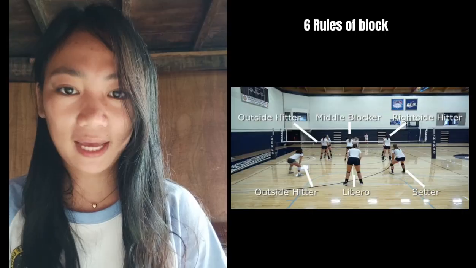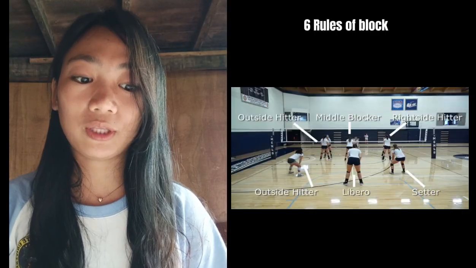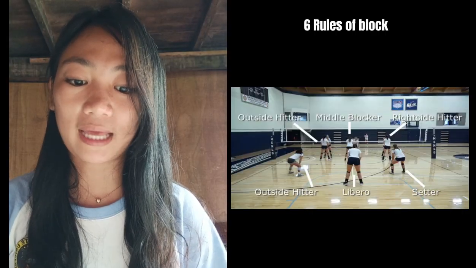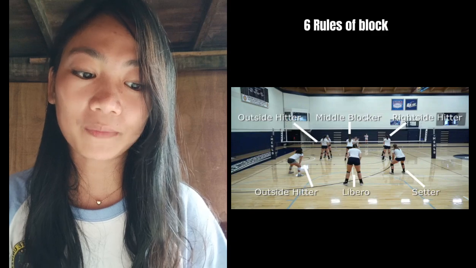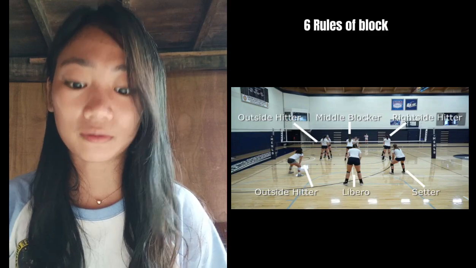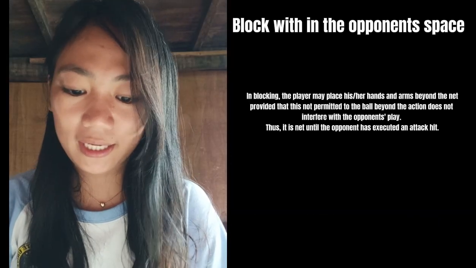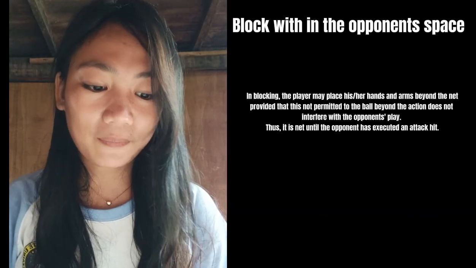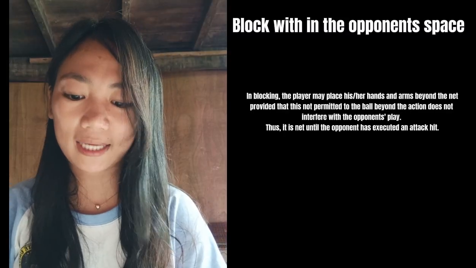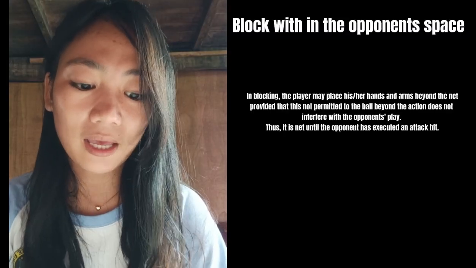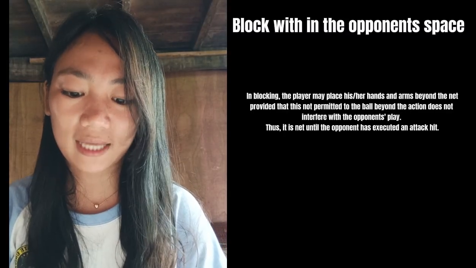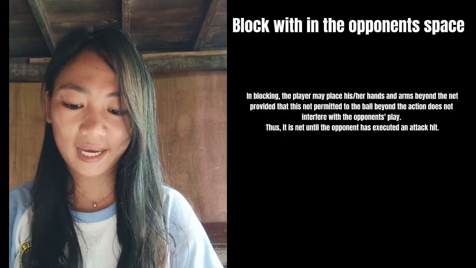Next is the block contact, where consecutive or quick and continuous contacts may occur by one or more blockers, provided that the contacts are made during one action. Next is the block within the opponent's space, where the player may place his or her hands and arms beyond the net provided that this action does not interfere with the opponent's play.